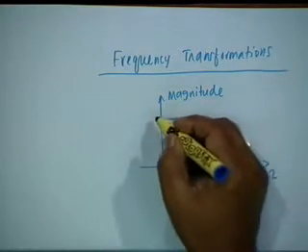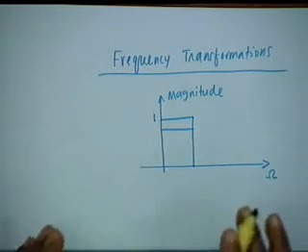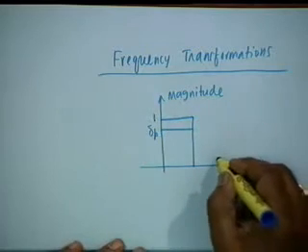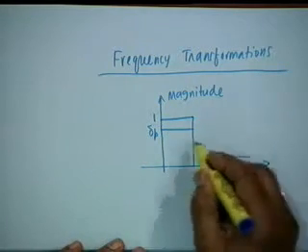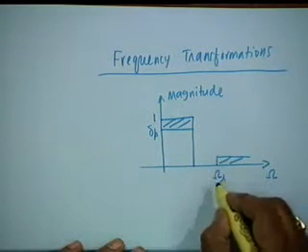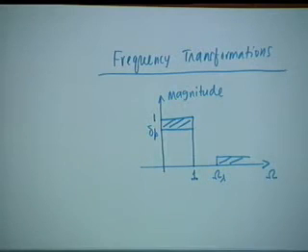Normalization with magnitude, of course we always do, irrespective of analog, digital, whatever it is, and this is delta p. Then we have omega s, we normalize the cutoff frequency to 1. So, this is what we mean by a normalized low pass filter.